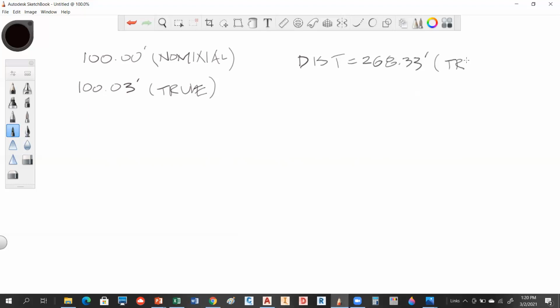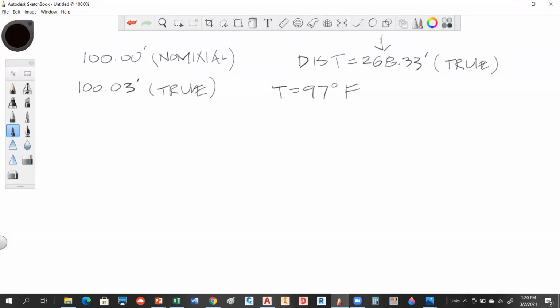That's what it's supposed to be between building corners. And the temperature when you do this measurement is 97 degrees Fahrenheit. They want to know what distance should be laid out. So this is a layout problem, and this is the distance we should be measuring.